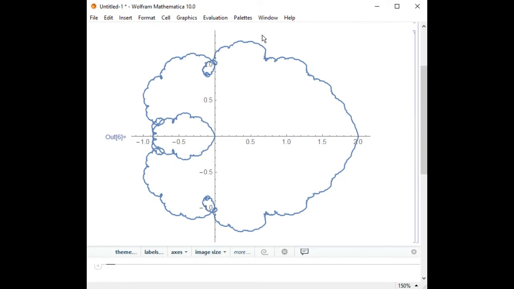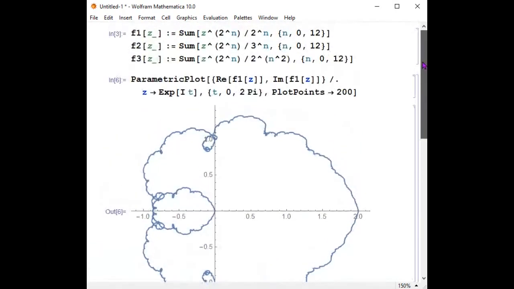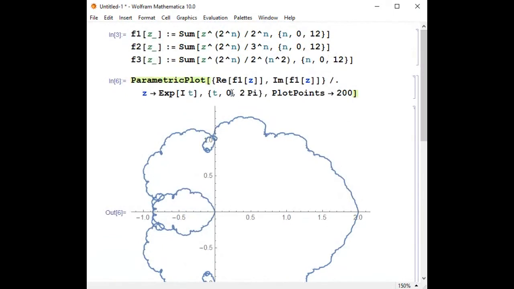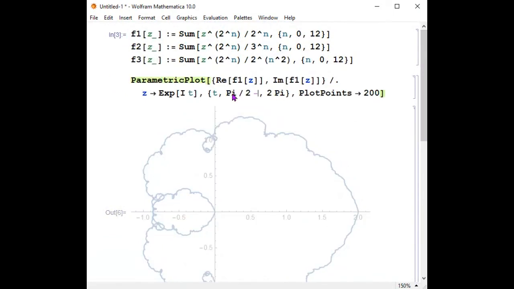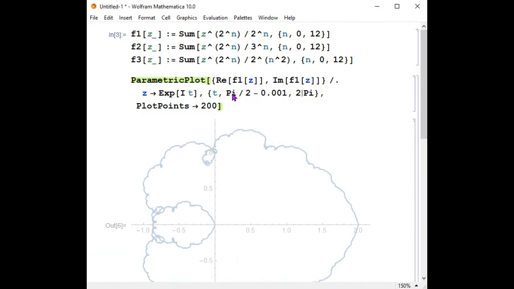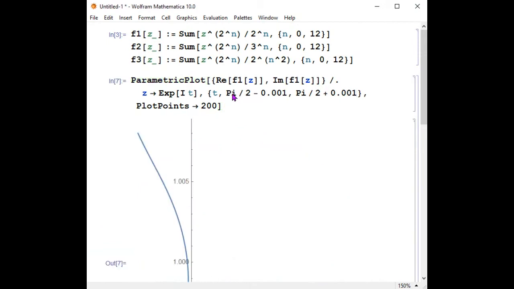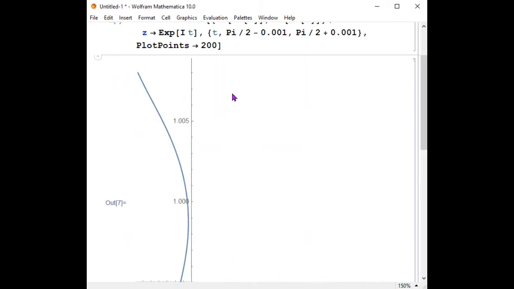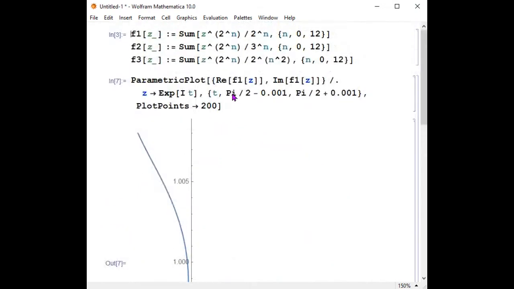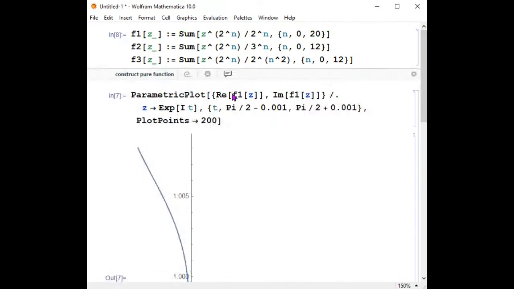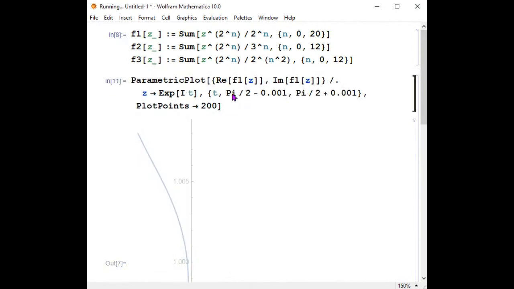This is this kind of fractal pattern. We can see, in fact, if we zoom in on part of it, all right, now that doesn't look fractal, but remember that I only summed up to 12. Let's sum up to 20 and see what happens now.